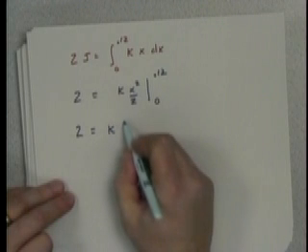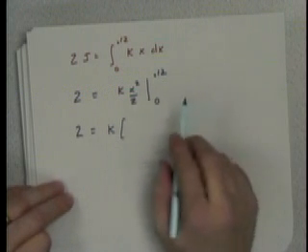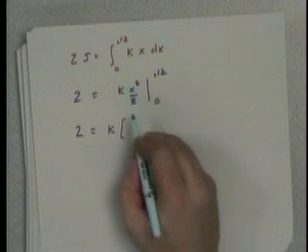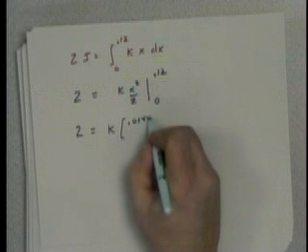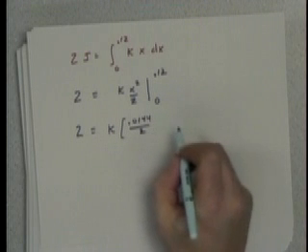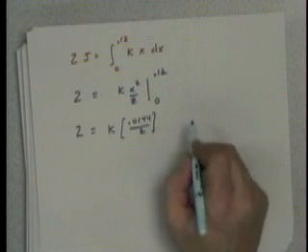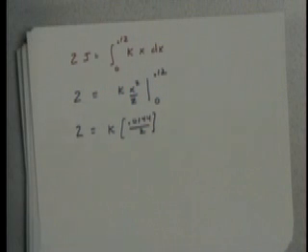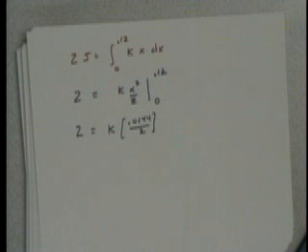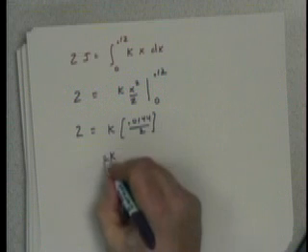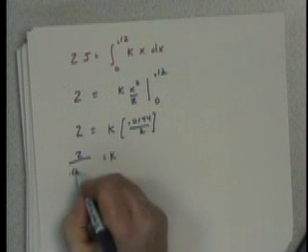So 2 is going to be equal to k, and I put 0.12 times 0.12, I get 0.0144, divided by 2. Calculate that out, 0.0072. So k ends up being 2 divided by 0.0072.